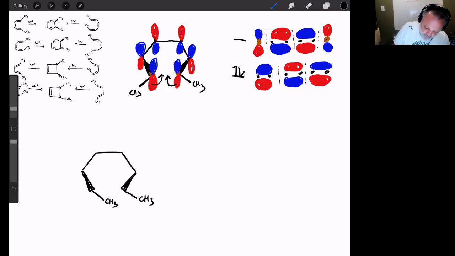So if this thing is rotating clockwise on the right, that means that this CH3 group has to rotate there in order for this group to be in its correct position. The same thing happens on the other side, but the CH3 group rotates the other direction.